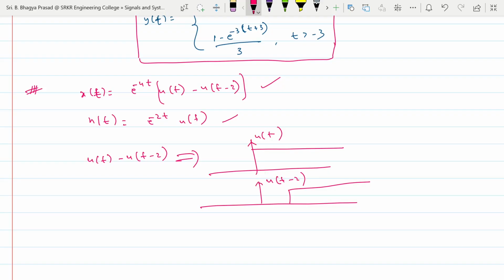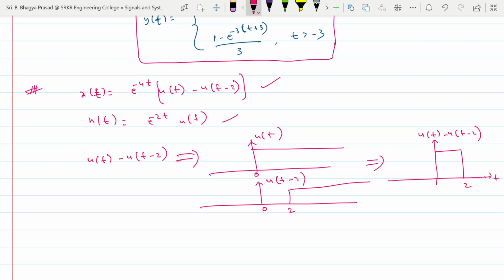Subtract them and you will get a pulse in the duration of 0 to 2, that is u of t minus u of t minus 2.